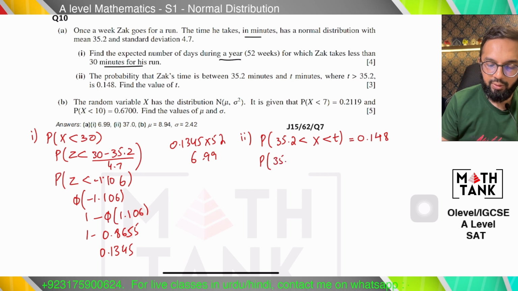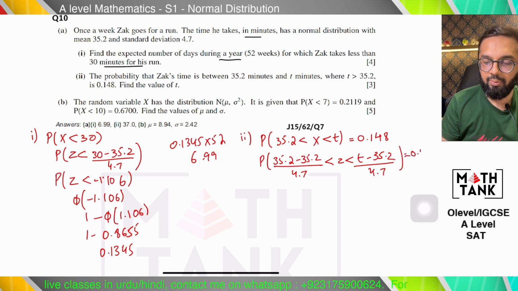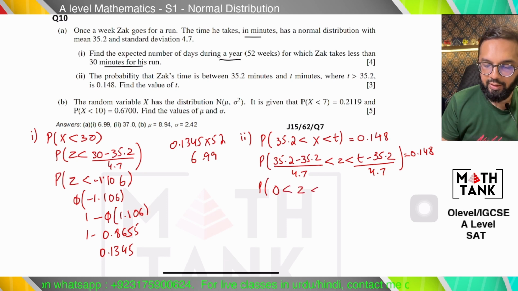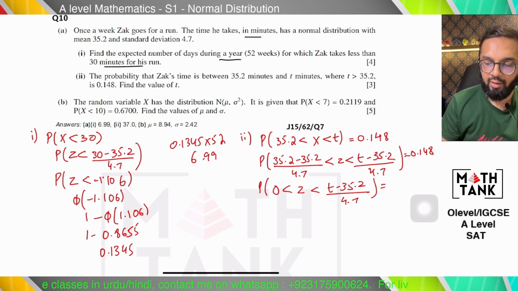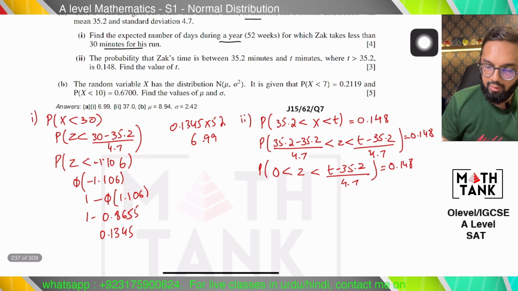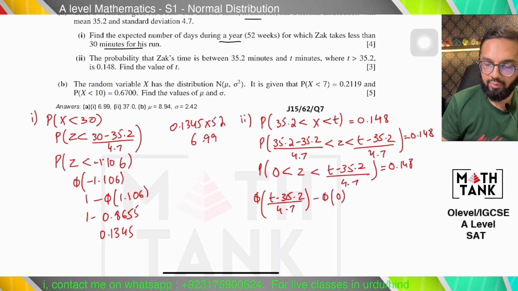Probability of z between 35.2 minus 35.2 divided by 4.7 and t minus 35.2 over 4.7 equals 0.148. So phi of t minus 35.2 over 4.7 minus phi of 0.